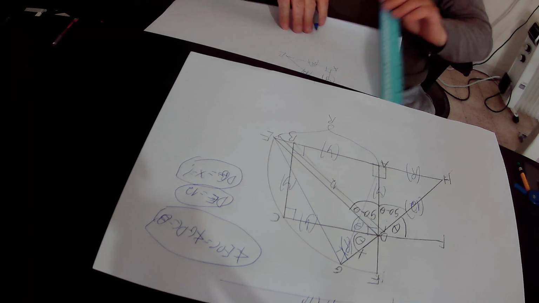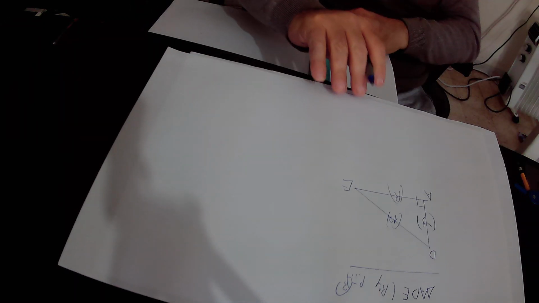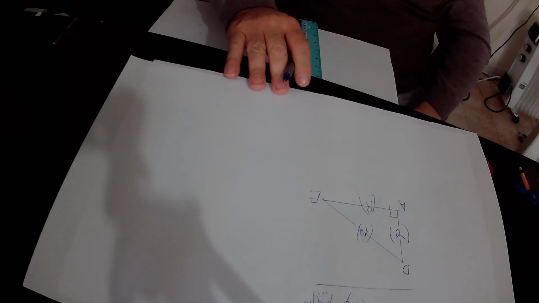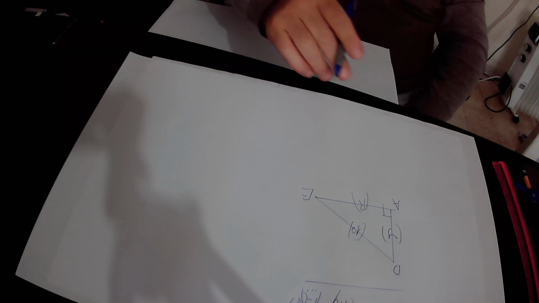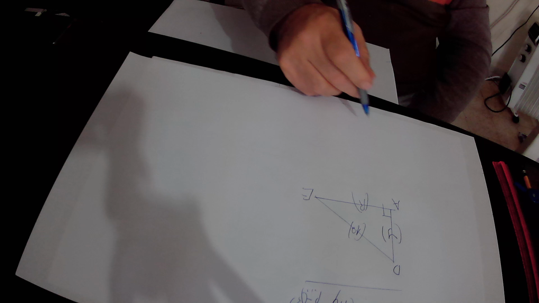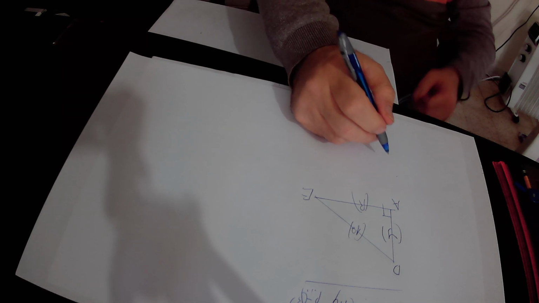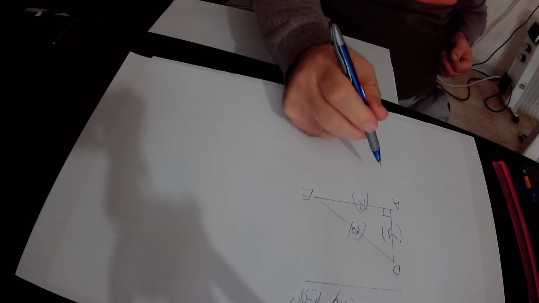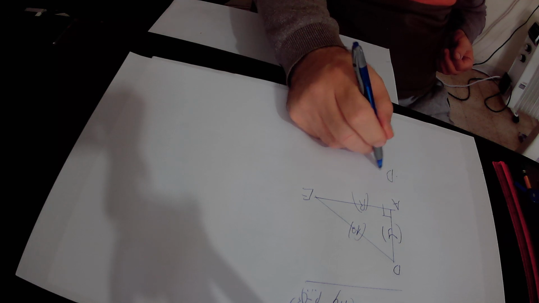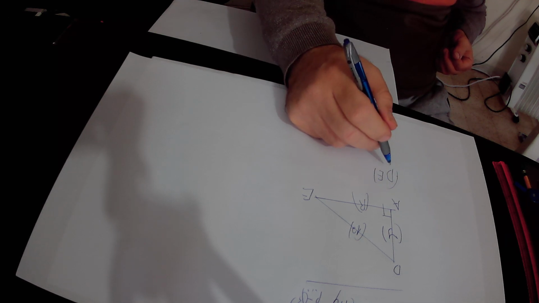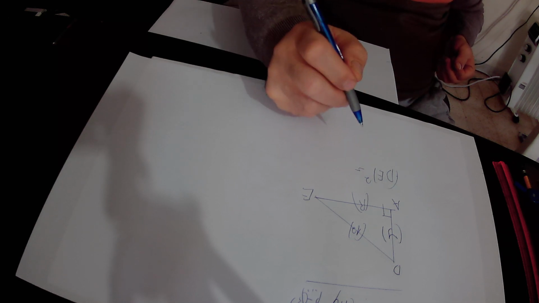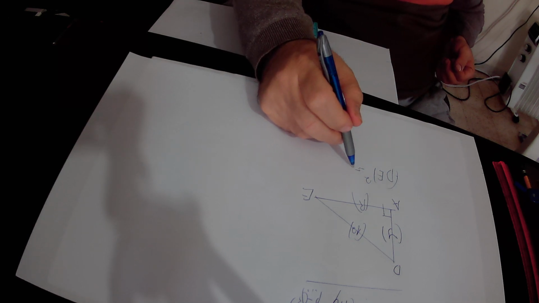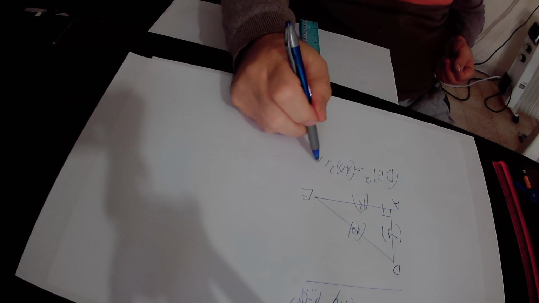So in this right triangle ADE, according to the Pythagoras theorem, the square of the hypotenuse equals the sum of the squares of the perpendiculars. Here the hypotenuse is DE, therefore the square of the hypotenuse is DE squared, and it must equal AD squared plus AE squared.